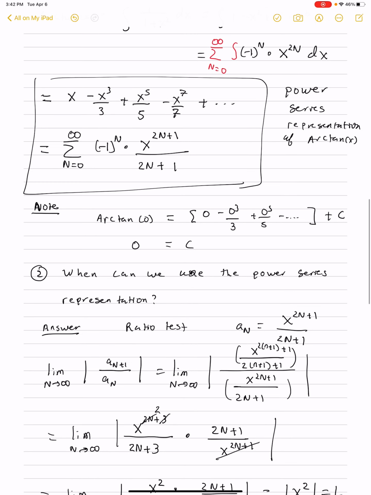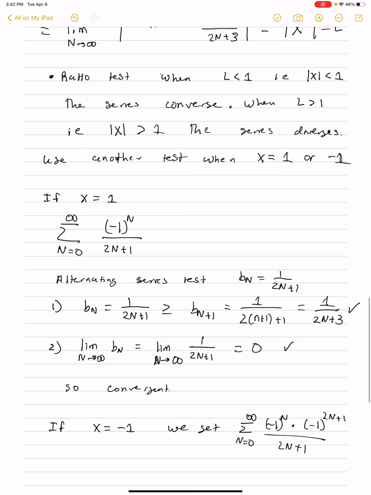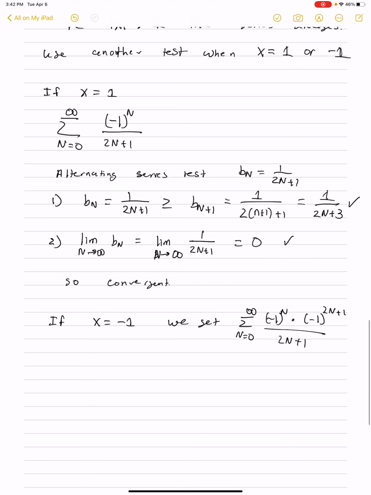So I'm just plugging in x equals minus 1 here, and that looks right. Well, this series I can simplify to be n equals 0 to infinity of minus 1, since they both have the base of minus 1 there. This is going to be x to the 3n plus 1 divided by 2n plus 1.